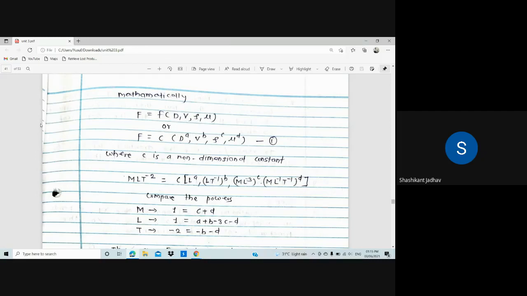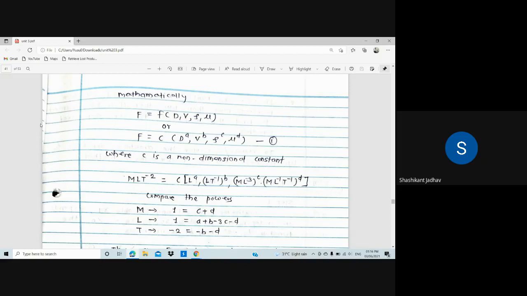Okay, so in the form of a constant we have to write down the equation. Force is equal to constant into bracket D raised to a, v raised to b, rho raised to c, mu raised to d, and this is equation number 1. Here we are considering a constant and arbitrary powers. C is a constant and a, b, c, d are the arbitrary powers.